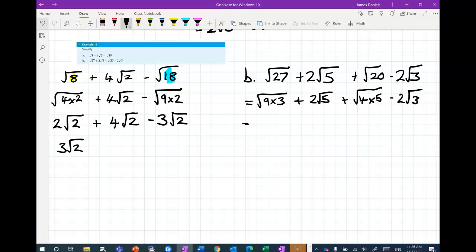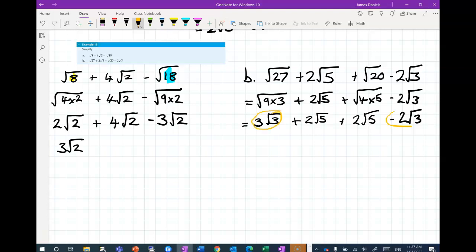Because we've used our square numbers, we know we're going to simplify. The square root of 9 is the whole number 3 square root 3 plus 2 square root 5. Now our square root of 4 is our whole number here, plus 2 square root 5 minus 2 square root 3. Collect our like surds.